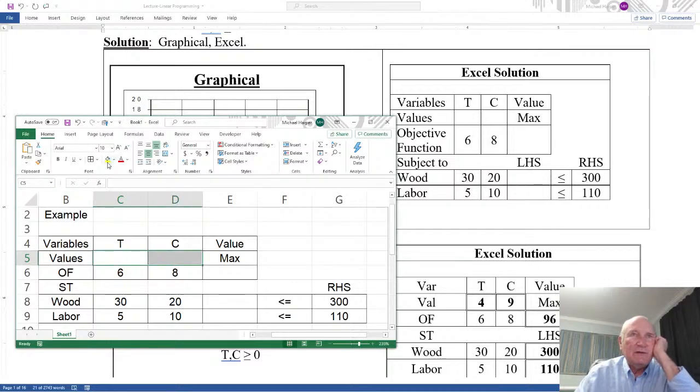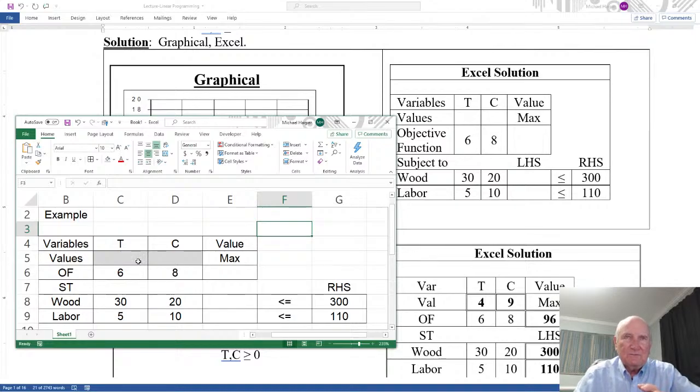Let's come up here, and this little paint can will shade the area. Let me make it a little deeper. Okay, that shaded area, those are my decision variables, the values of my decision variables. So those are going to have how many tables I'm making and how many chairs I'm making.